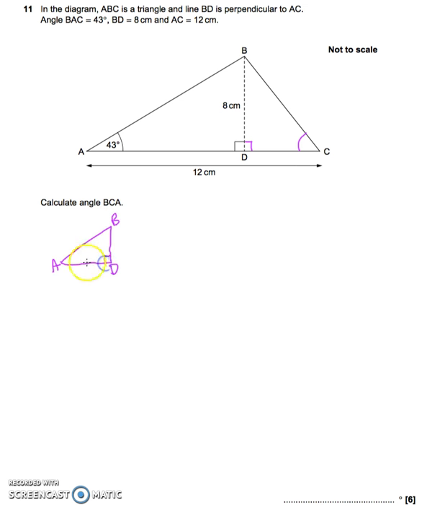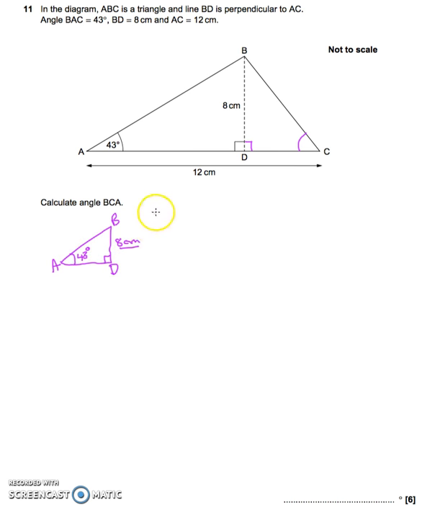There's our right angle. Now, we've got an unknown distance here. That's the thing we're going to try and find in this question. 8 centimeters is the length of BD, and the angle BAD is 43 degrees.